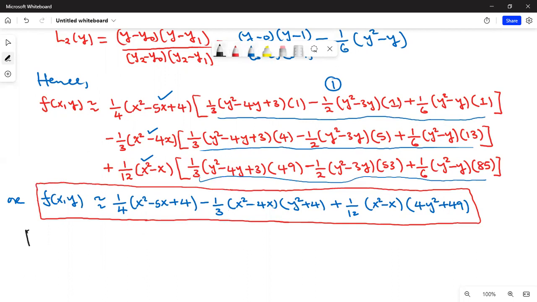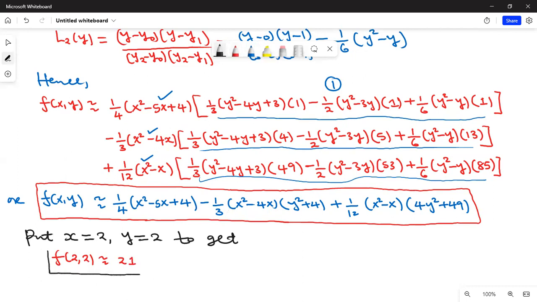So you can put x is equals to 2 and y is equals to 2 to get f of 2, 2, which will be approximately equal to, when you substitute 2 and 2 and you place in your calculator, you need to get the value of f of 2, 2 to be 21. So that's how to use bivariate Lagrange interpolating polynomial.